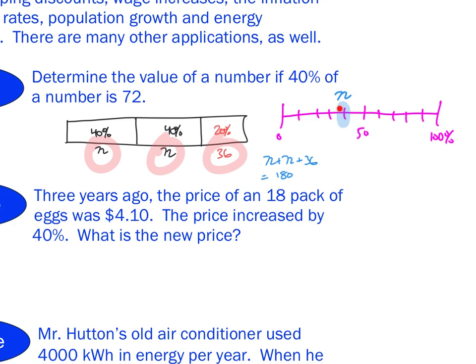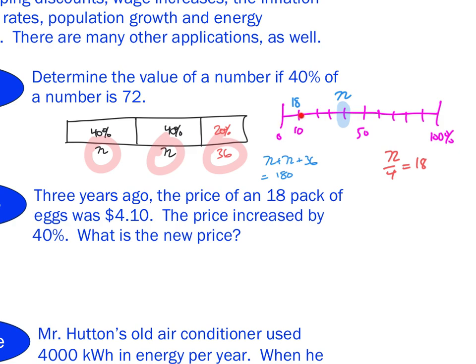So if I divide 72 into 4 pieces, 72 divided by 4 is 18. So 10% is 18, and that means every one of these is 18.